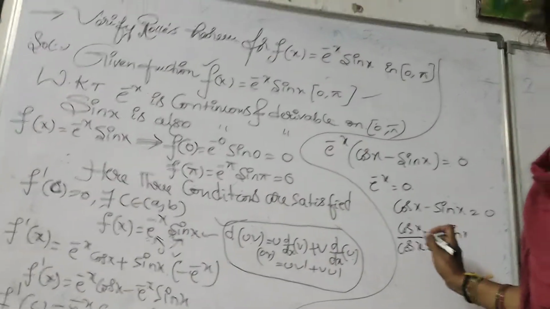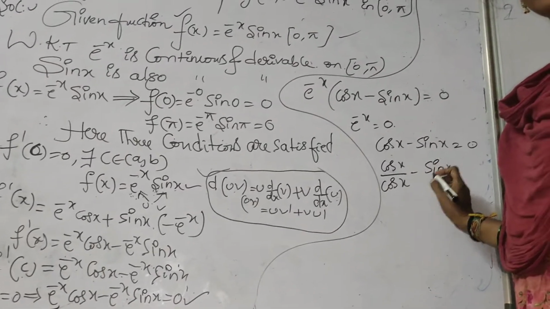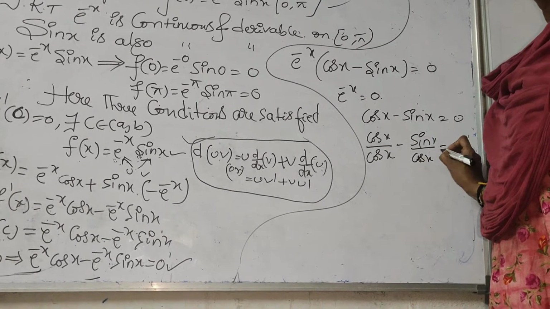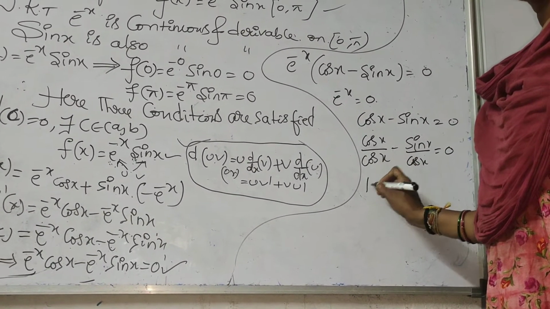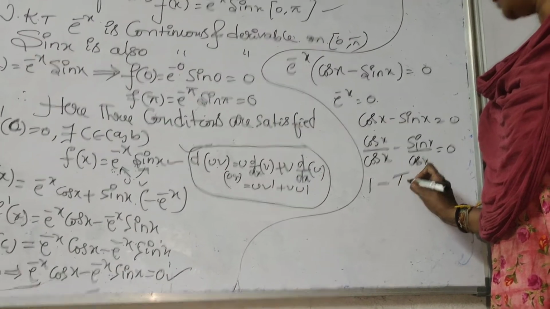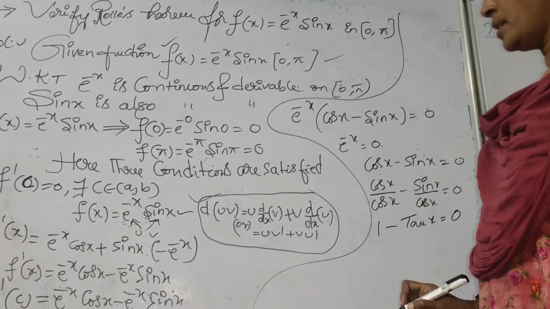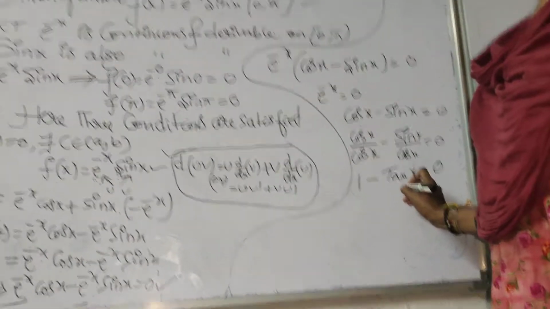Cos x by cos x is 1, and sin x by cos x is tan x. So 1 minus tan x equals 0.